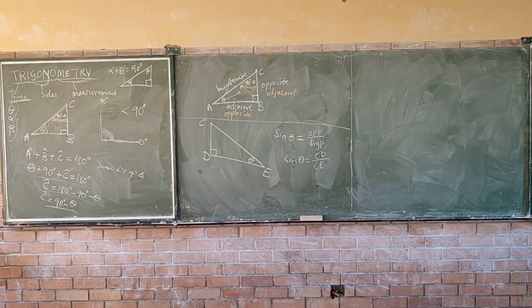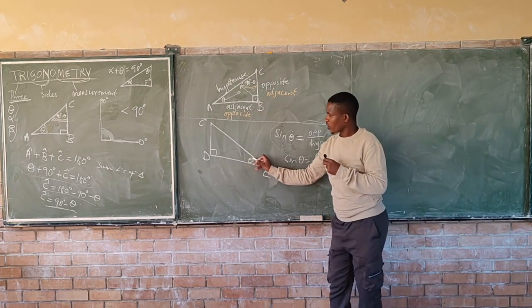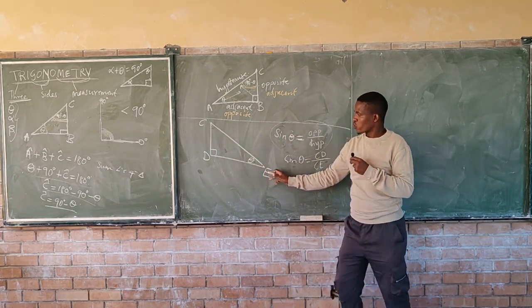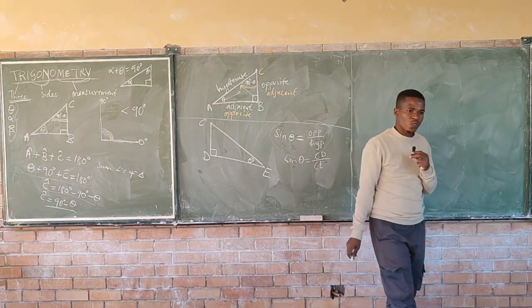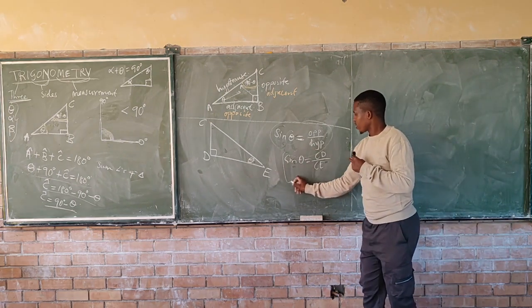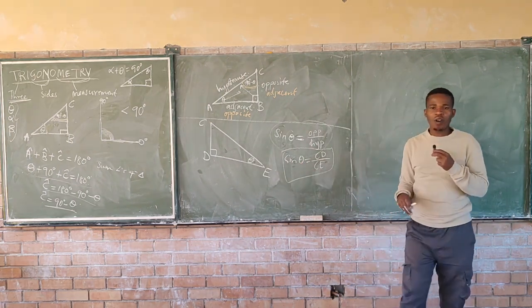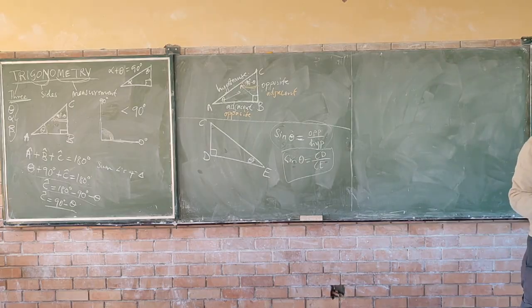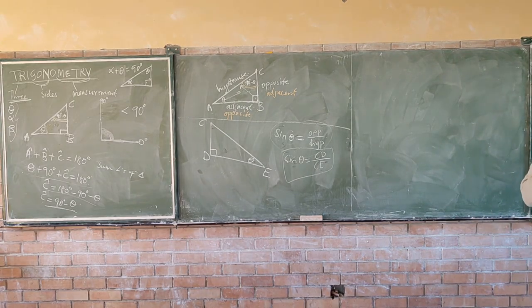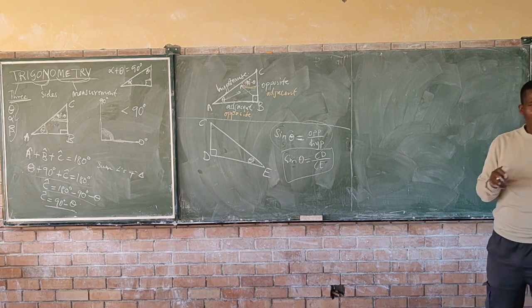Is that correct? When you are at theta, the opposite side is CD, and the hypotenuse is the side opposite the 90 degrees. Is that clear? That is the definition of sine of an angle inside a right angled triangle. I'm saying right angled triangle, so don't get excited and use it anyway. Look at your triangle to check that it is a right angled triangle.